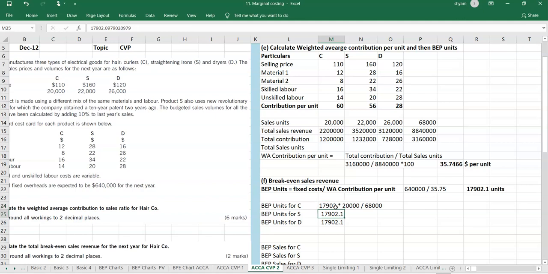We want to find out the individual break-even point. So these are the individual break-even units.